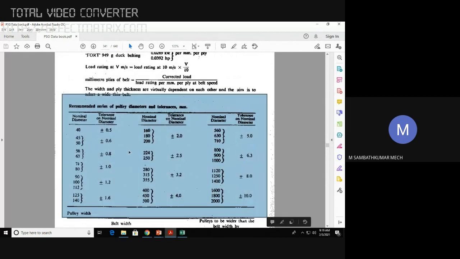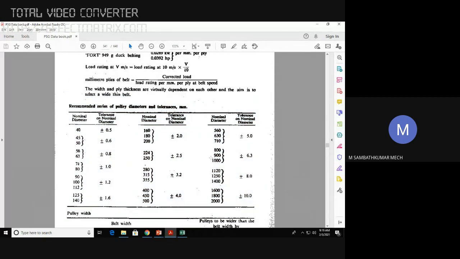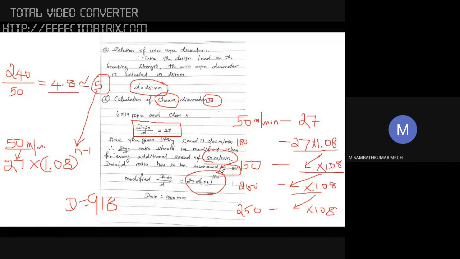In this you can select the standard diameter. Here 900, and the next value is 1000. There are no values available for 918, 925, 954. So the standard pulley diameter is 900 or 1000. Since we obtained 918, you should select the 1000 value. Standard pulley diameter or drum diameter or sheave diameter is 1000 mm. Therefore D minimum is equal to 1000 mm.